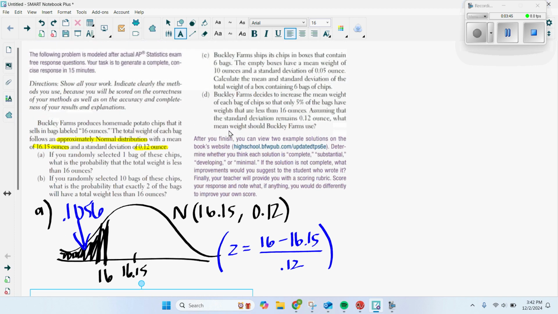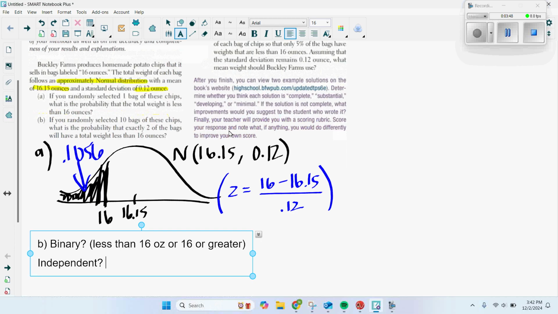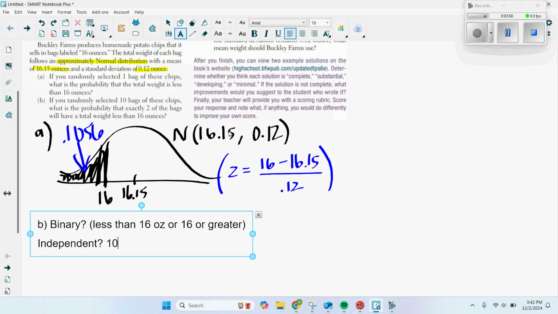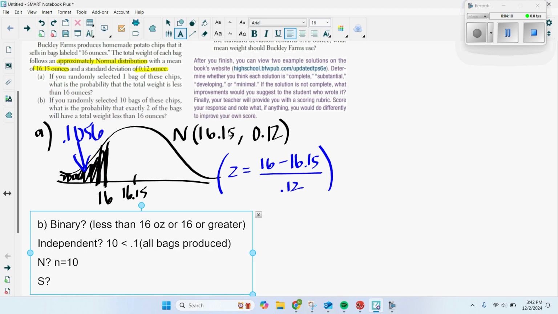They don't really tell us, so we are going to have to assume, since I'm choosing 10 bags, that 10 is less than 10% of all the bags produced. So the 10% condition is met, so that means that it is independent. N is the number of trials, in this case 10. And S is the probability of success, which in this case is what we got in our last question, which is 0.1056. Okay, so BINS is met.